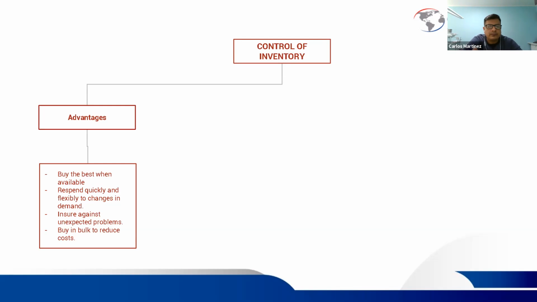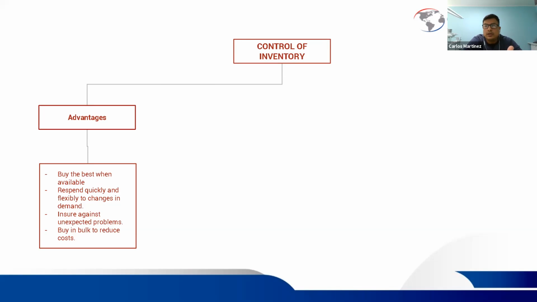Okay, and to buy in bulk reduces costs. Okay, this is general information. If we buy in bulk, in big quantities, we're definitely going to save money. Okay, so these are some advantages. Again, we know when to buy because of the price, because of the quantities, because of the qualities. Second, we're able to respond quickly and rapidly to any changes that may occur.